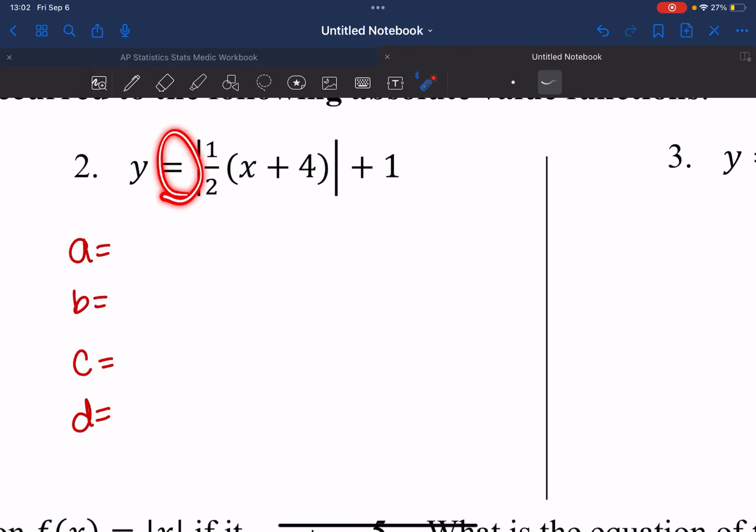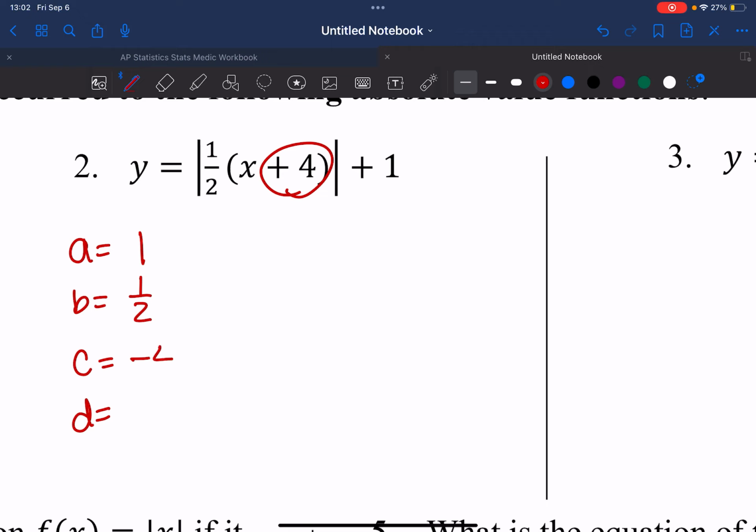So if we don't see a value here, then we have to remember the imaginary 1. So there is a 1 there. It's just invisible, okay? So our A value is 1. Our B value is 1/2 because it's outside the parentheses. Our C value is going to be opposite, so instead of +4, -4. And our D value is 1.